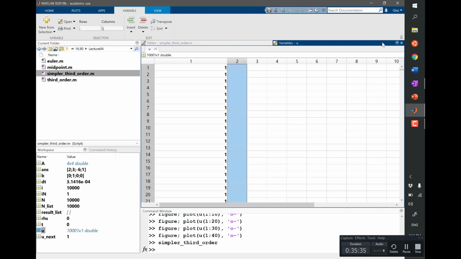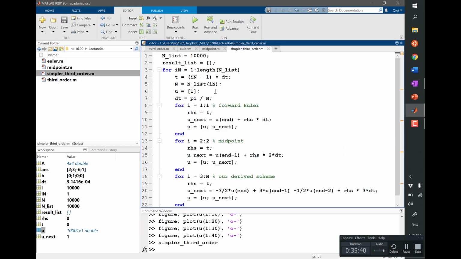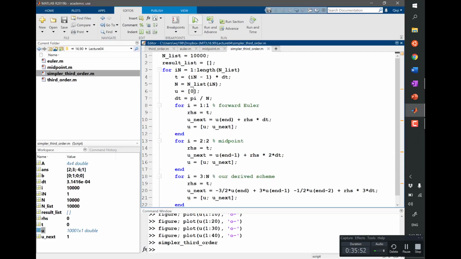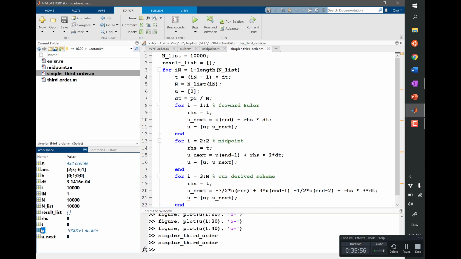Doesn't look correct. Why is it always 1? Let me see. Oh yeah, my solution starts with 0, right? So u should be 0 to start with, because in the equation we want to solve, when t is equal to 0, u is equal to 0. Okay, so let me run it again and look at my u.